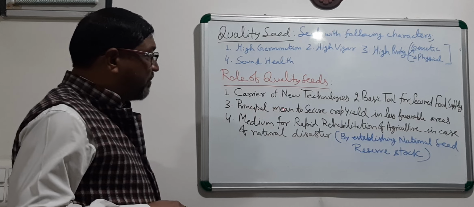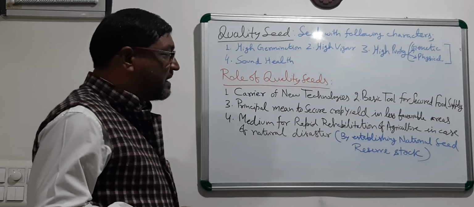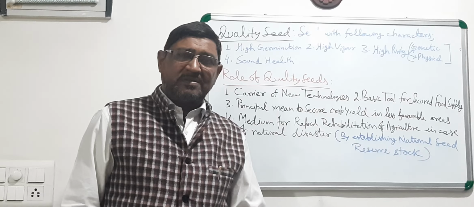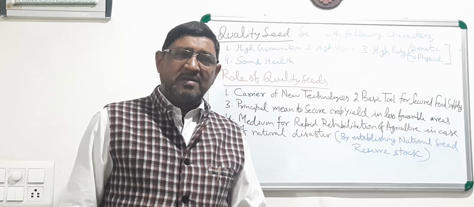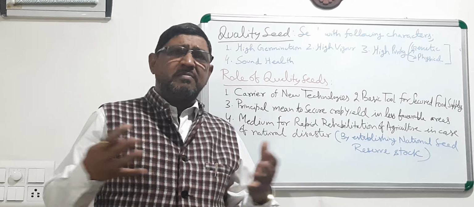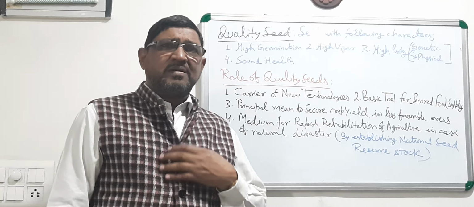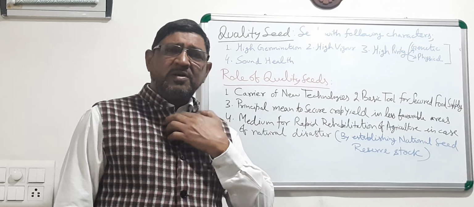Next, principal means to secure crop yield in less favorable areas. What do you mean by this? In many areas, a particular crop is not being grown because the area is not favorable.